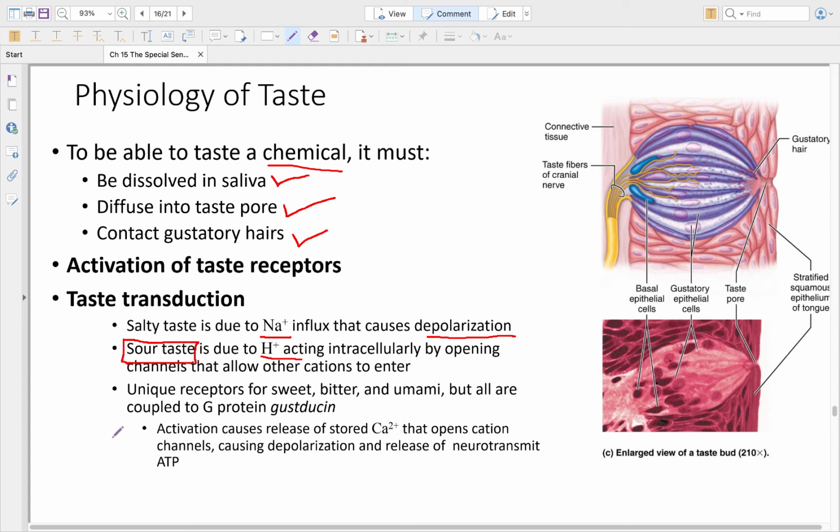We have unique receptors for sweet, bitter, and umami. They're all coupled with G protein receptors, one in particular called gustducin.